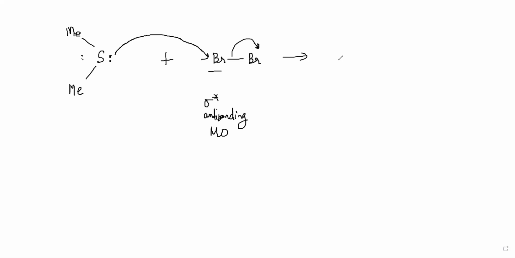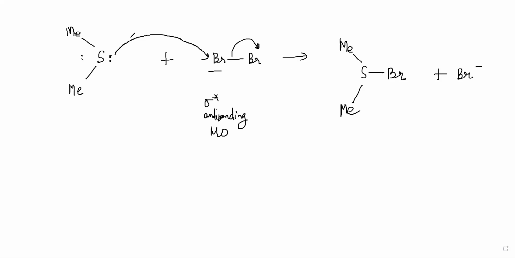So now if there is plus Br2, obviously this lone pair can be donated, right? This lone pair will come here and take the sigma star antibonding molecular orbital, and form a bond with this. And because it has formed a bond, this bond must break. So what you will get in the end is MeSBrMe plus Br minus, right?